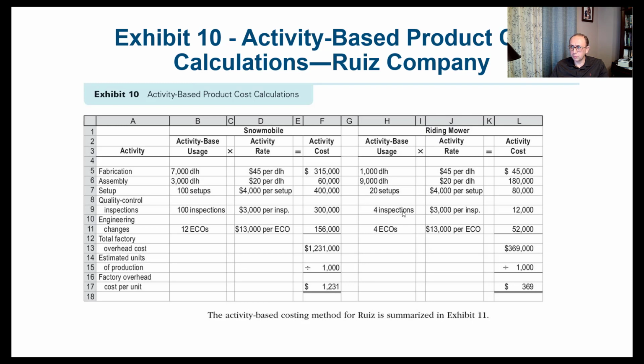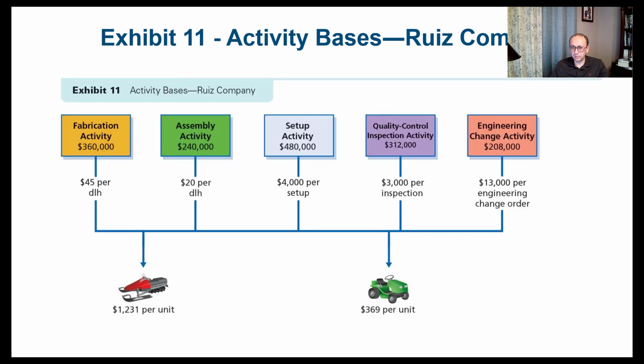We do the same thing for the riding mower. We multiply each one of the 5 activities by its rate. We get the total here, add up the total and divide by the number of estimated units of production. We're still at 1,000, and that will give us $369 factory overhead cost per unit. So notice the numbers are different from what we had in the 2 previous methods.